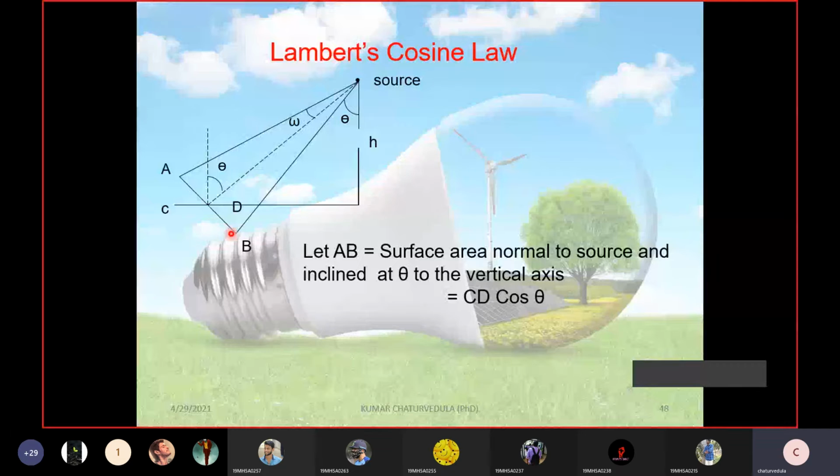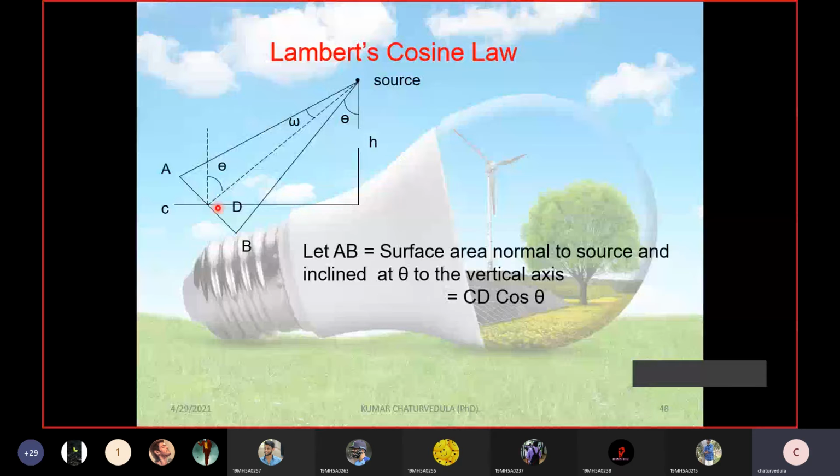And from this, CD is the horizontal one. Since AB is in vertical position, CD is in horizontal. So AB is equal to CD into cos theta, which we know from basic mathematics.